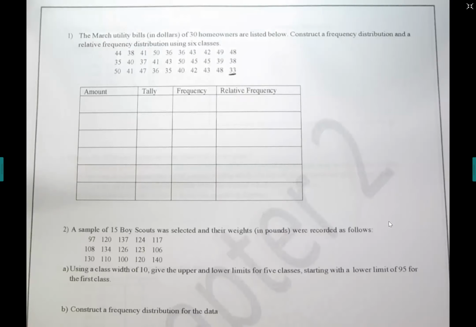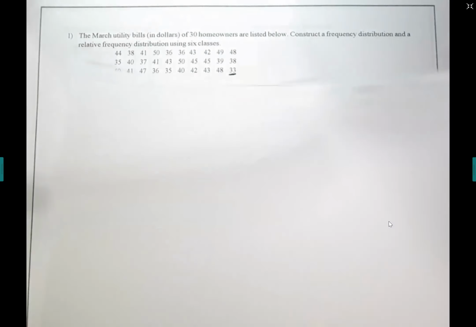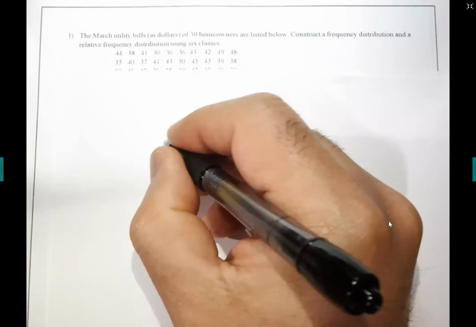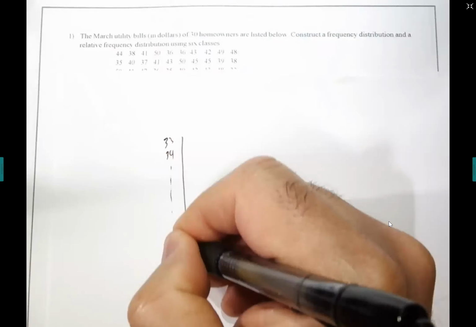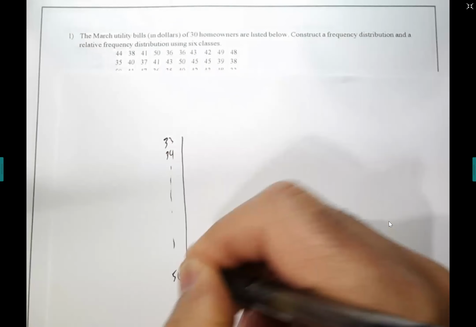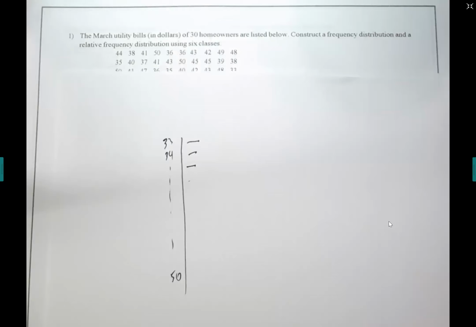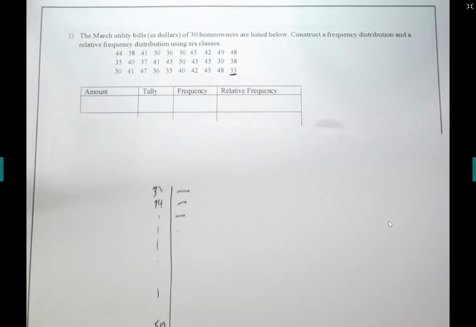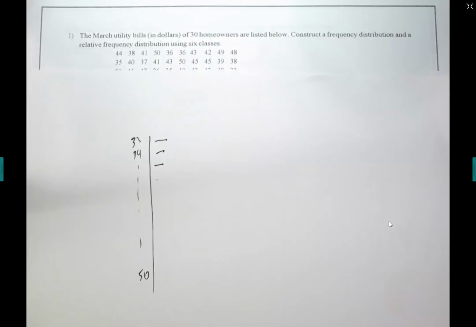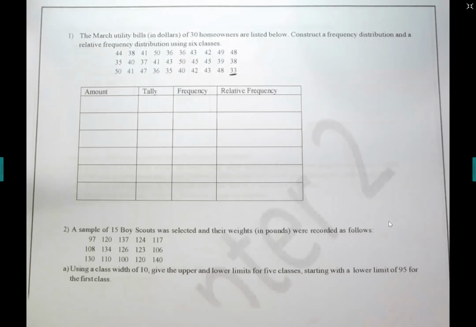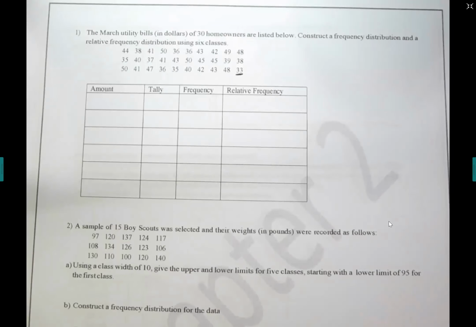What about if I put 33, 34, all the way to 50 and see how many have 33, how many have 34, how many bills were 35, 36, 37. Would you like this way of organizing the data? And if not, tell me why. I don't think this is a good way to organize data. What's not good about this?